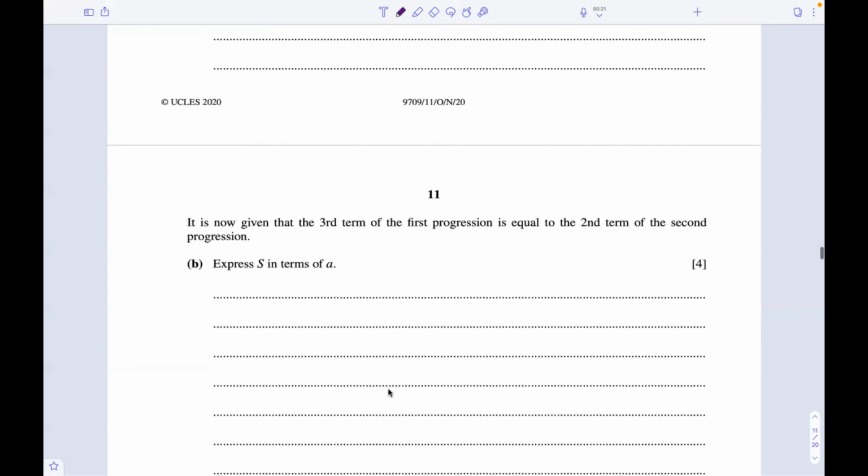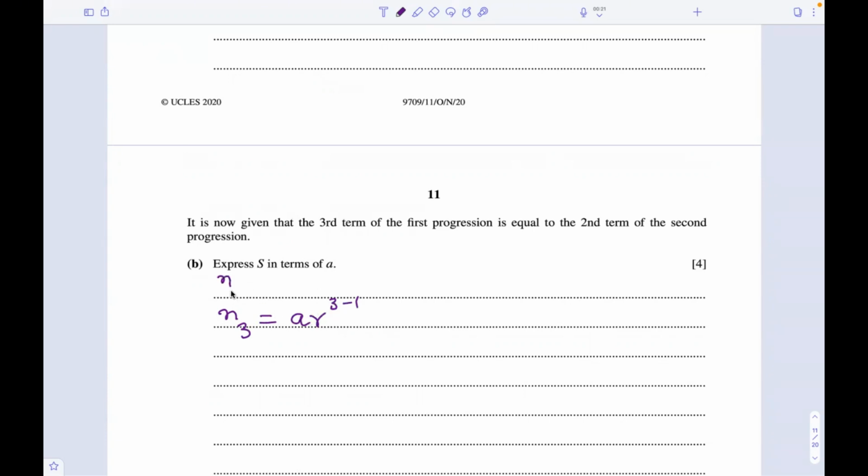In the second part, it is saying that the third term of the first progression is equal to the second term of the second progression. The third term of the first progression would be ar to the power 3 minus 1, because it's a geometric progression.